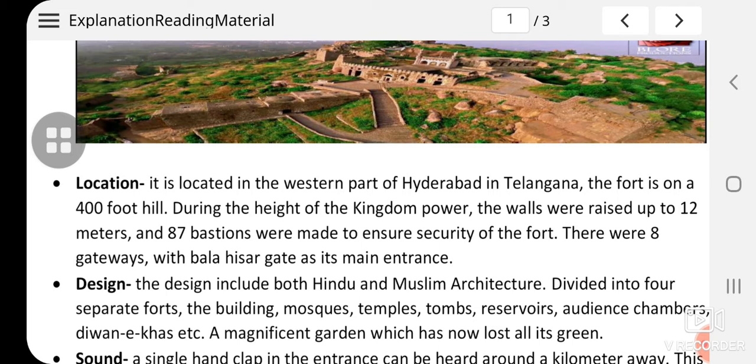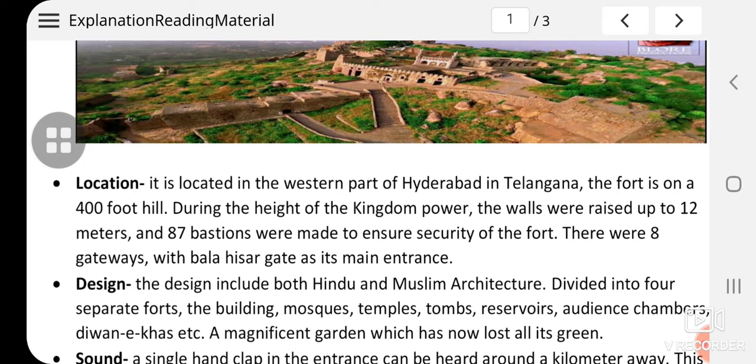The height of the hill is 400 foot. During the height of the kingdom's power, the walls were raised up to 12 meters and 87 bastions were made to ensure security of the fort. Bastions, you might be thinking, what are these? Further, I'll show you the picture of the bastions also.